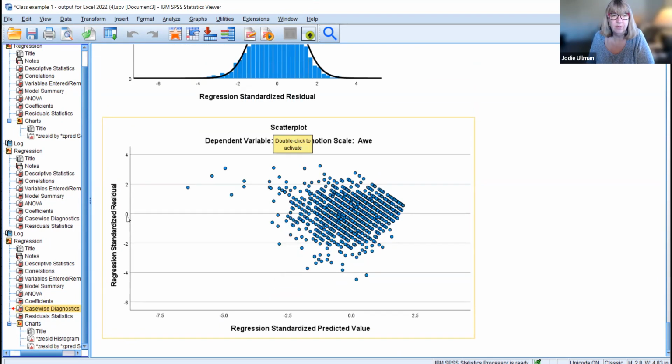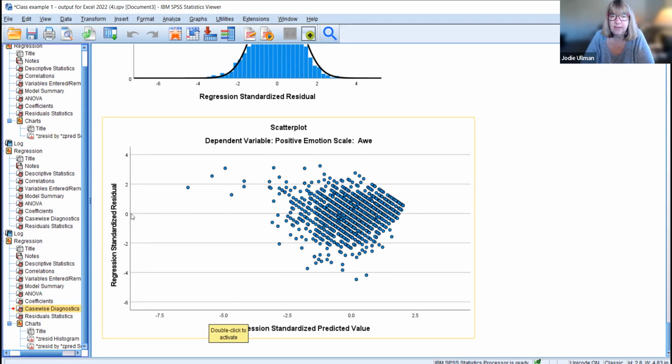Remember from your reading, we would like our residuals to be small, symmetric, and centered around zero. The textbook and I both like to plot the residuals on the y-axis and the predicted values on the x-axis, and you could draw a line through zero, because we want these to be small, symmetric, and centered around zero.